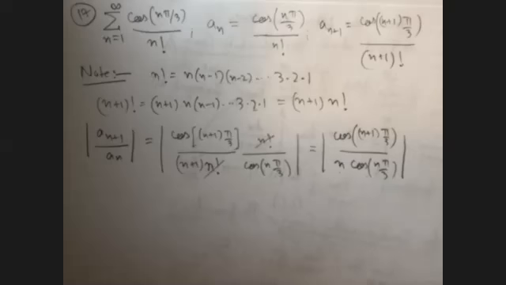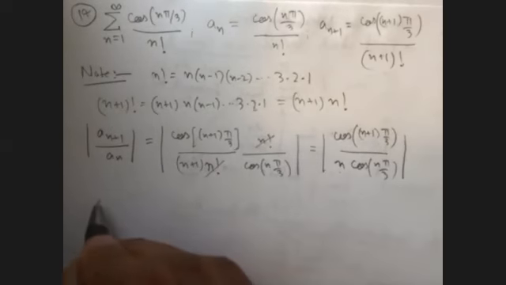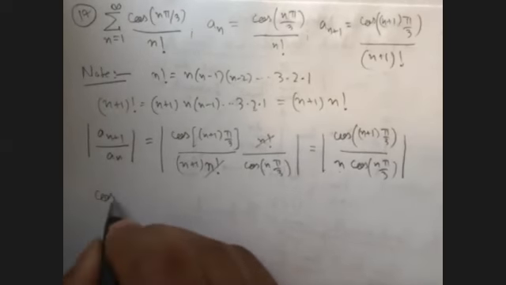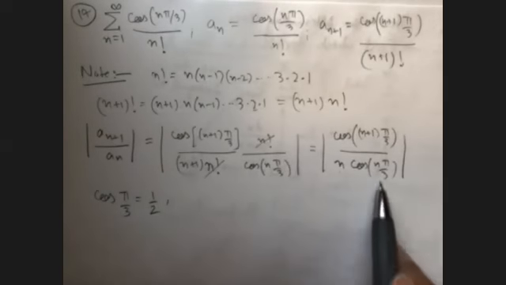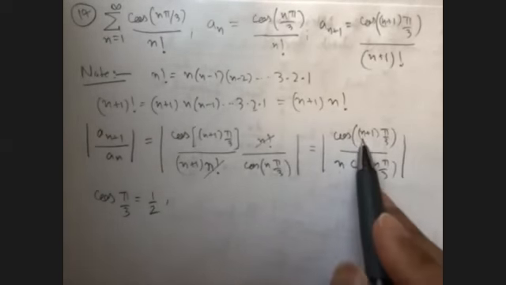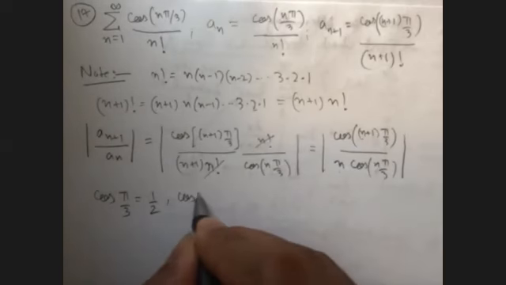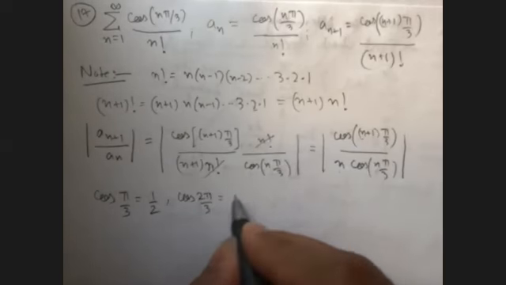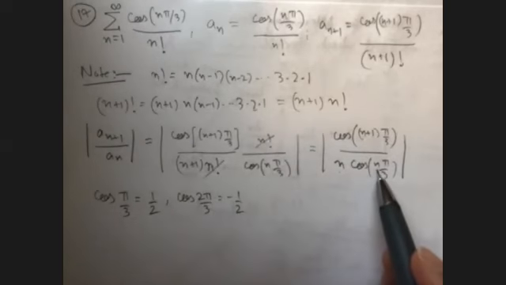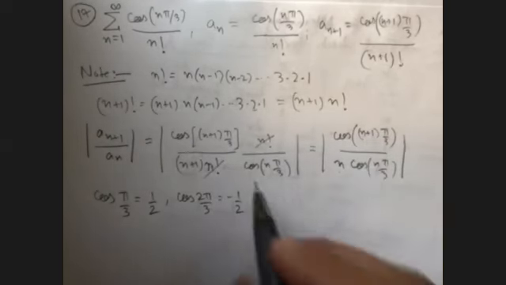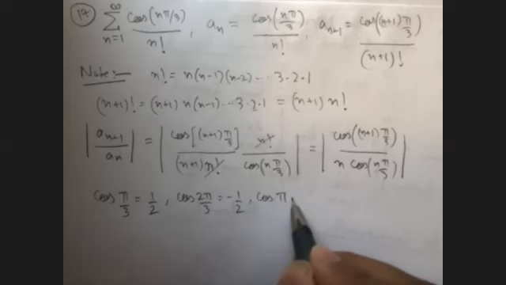So let's see. Let me write some values here. So cos(pi/3) is half. When n is 1, it's pi over 3, then 2 pi over 3, it's minus half. Then when n is 2, 2 pi over 3 and 3 pi over 3, which is cos pi, negative 1.